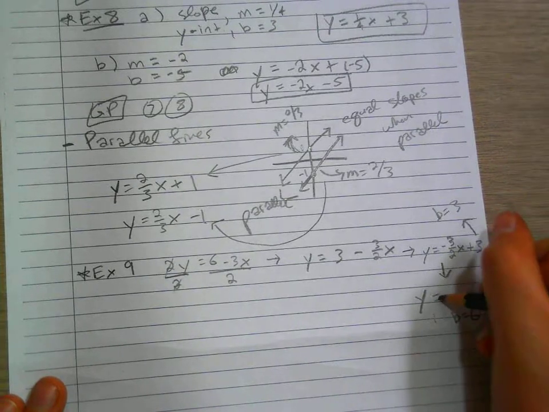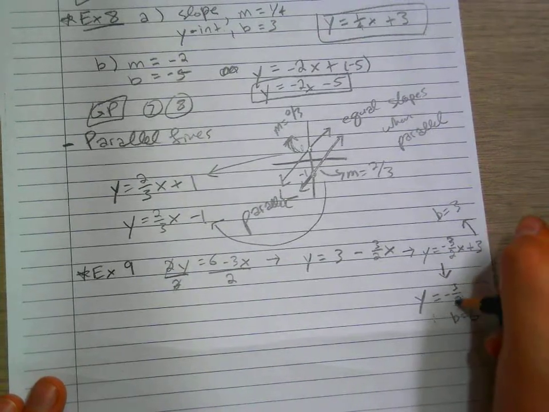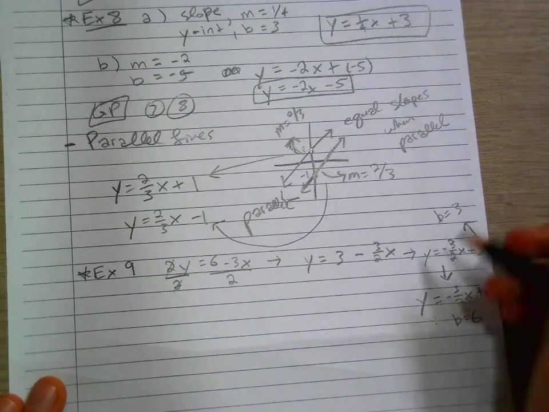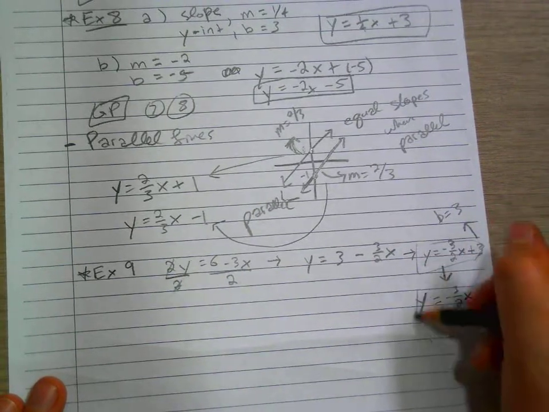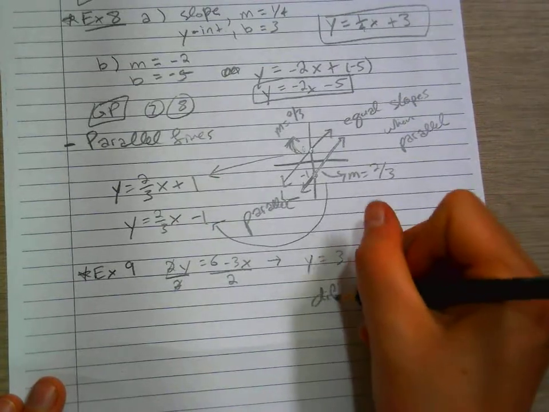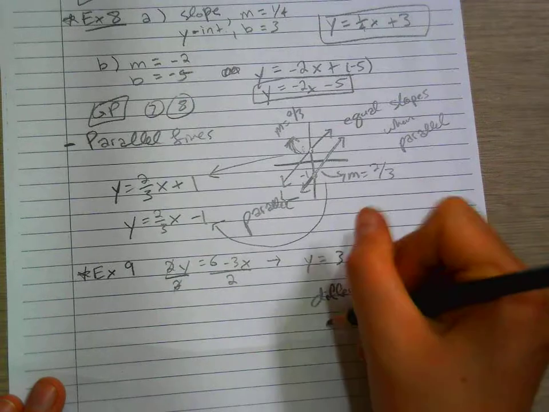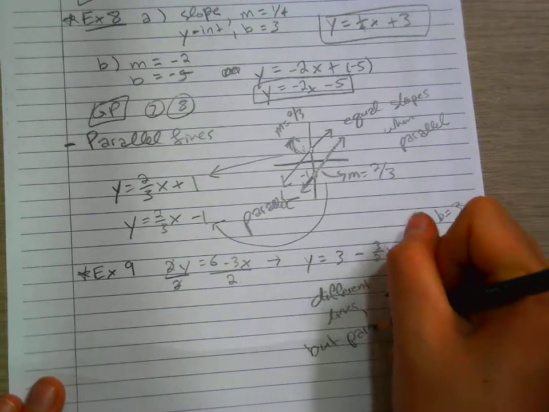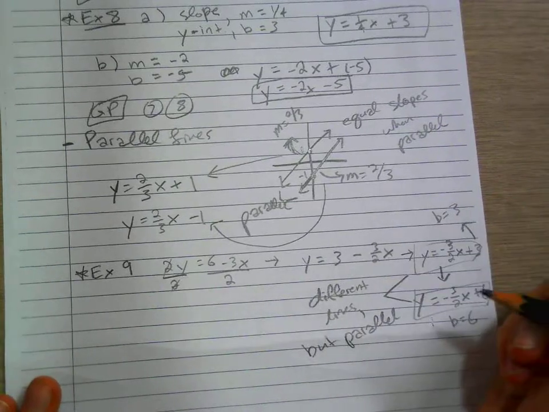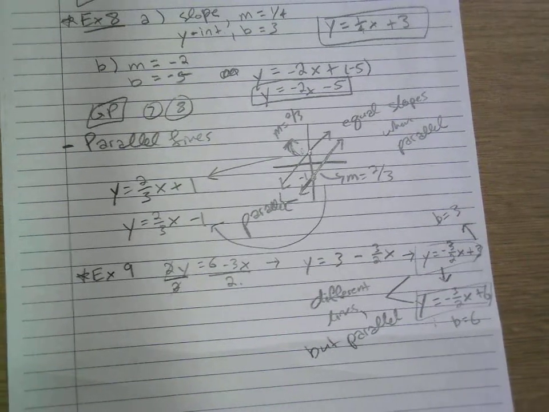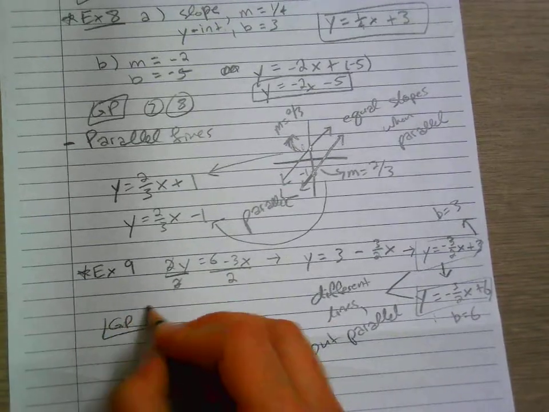So y is going to be equal to negative 3/2 x plus 6. And these two lines here are different lines, but parallel, because they have the same slope. So that is all you have to do for that. Try that on guided practice 9.